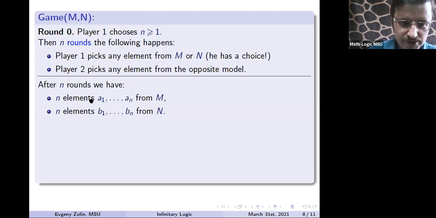After n rounds, we will have n elements from the first model and n elements from the second model. At this stage, we don't need the information about which player takes the element from M and which from N. Notice that at every round, player 1 has the choice, either an element from M or from N.